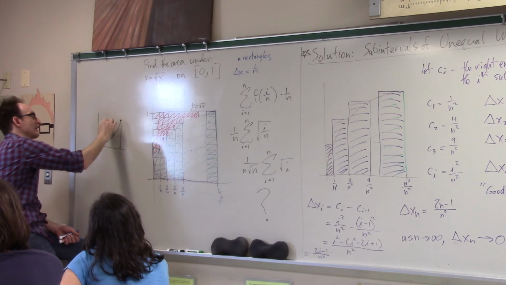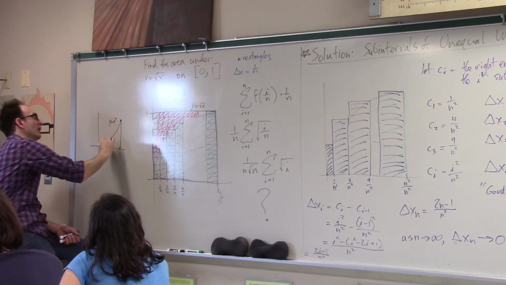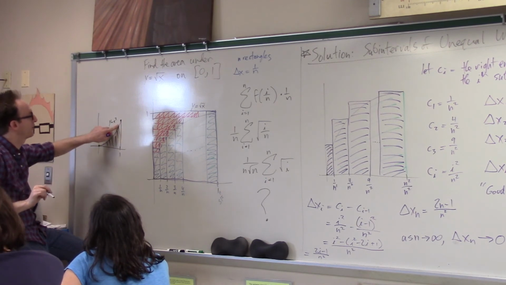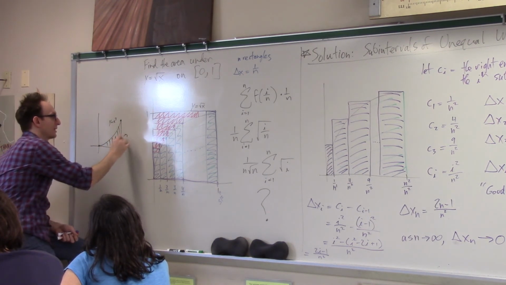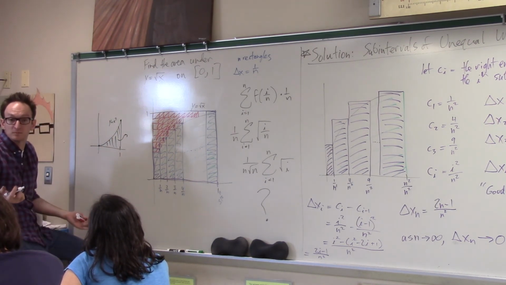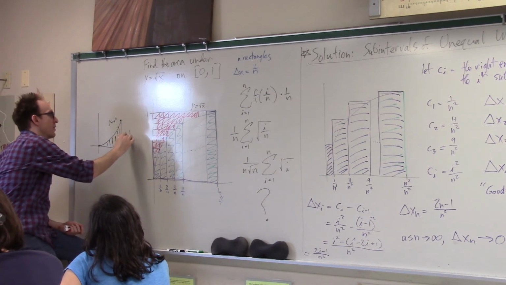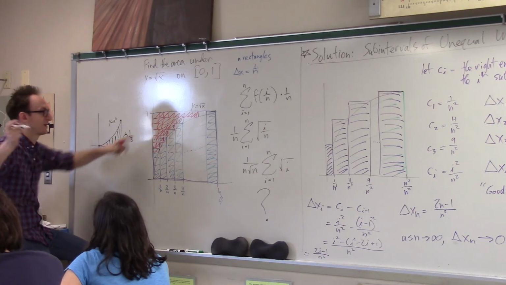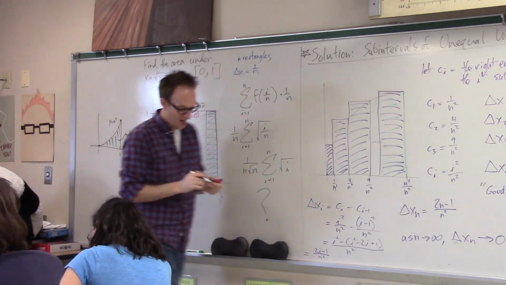That is something we know how to do with our old methods. We now know that this is in fact 1/3, and then we could just subtract it. Okay, cool.